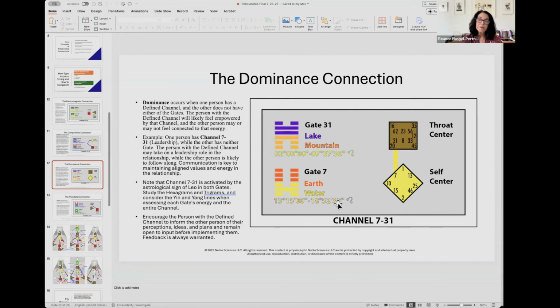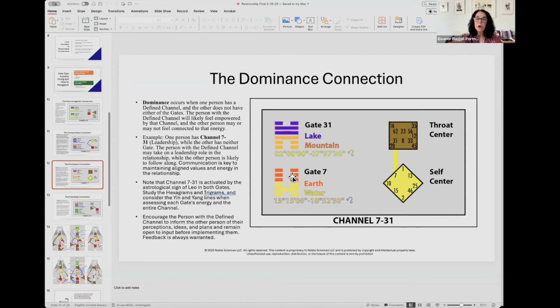So look at gate 7 coming out of the self center. It's a yin line, a yang line, a yin line, and then all yin. That person wants to take in what the followers are going to need.